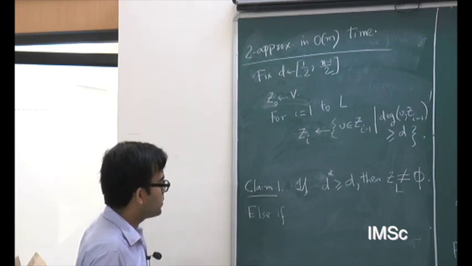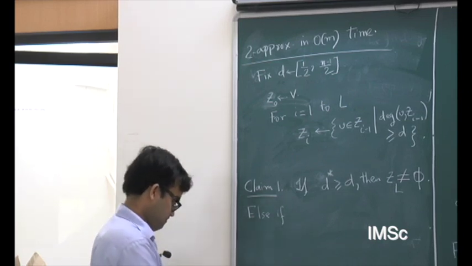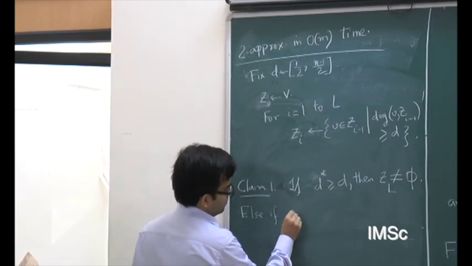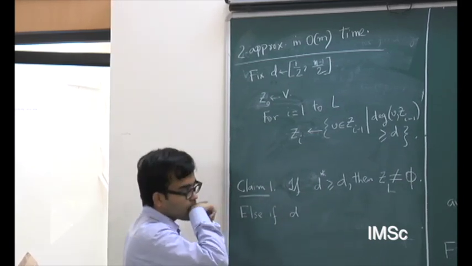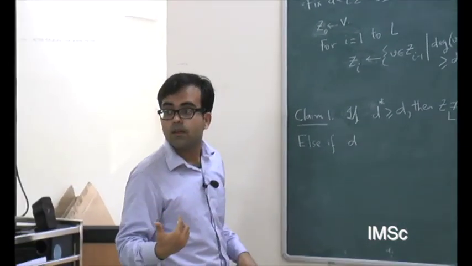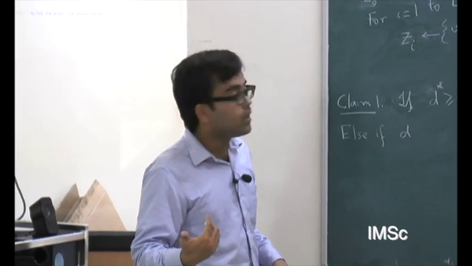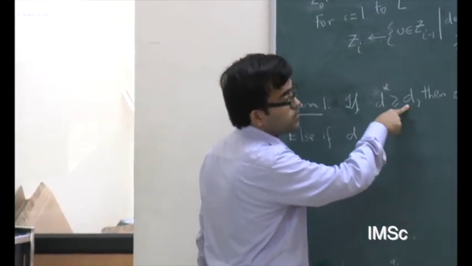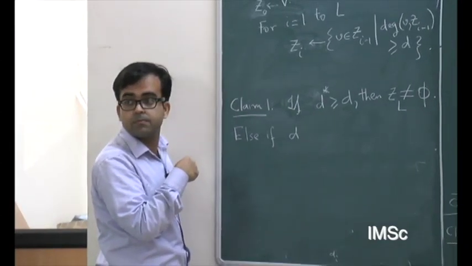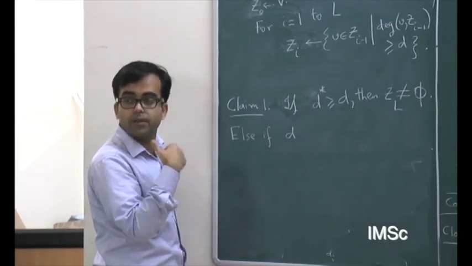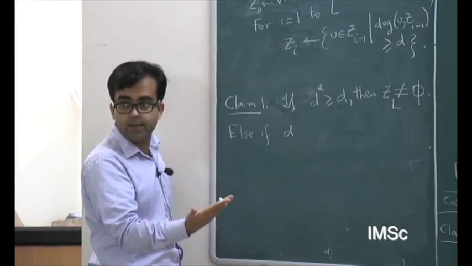On the other hand, the average degree of ZL will not be D star. Sorry? Yes, the average degree of ZL will be at least D over 2, at least, and less than D star. Yes, it will be less than D star, but it will be at least D over 2.